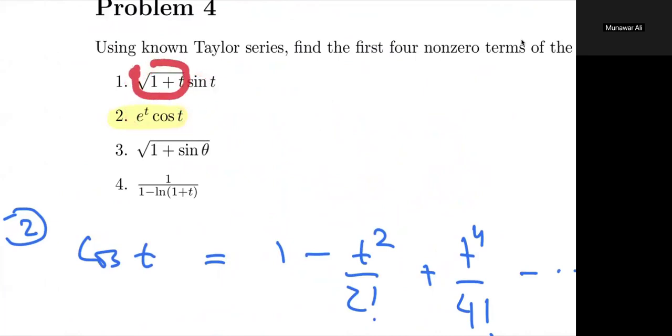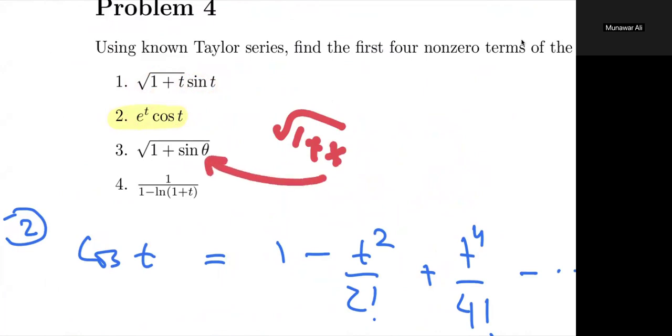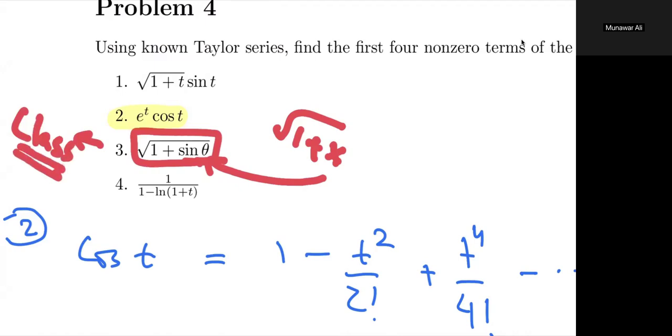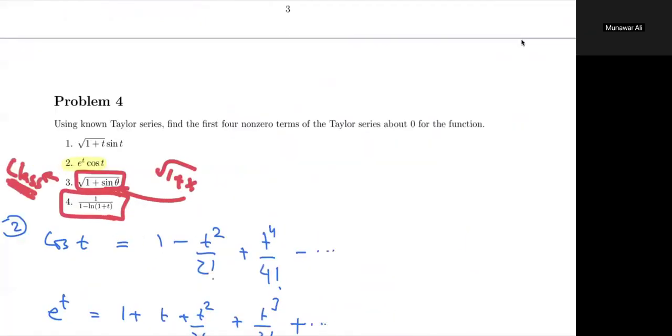In this one, you start with the series of this one and this one and then multiply. And in this one, you start with 1 plus x and then replace x by sine theta. We have done this problem in class. So this is a class activity, I think, as I remember. Yeah, and this can be done in a similar way too.